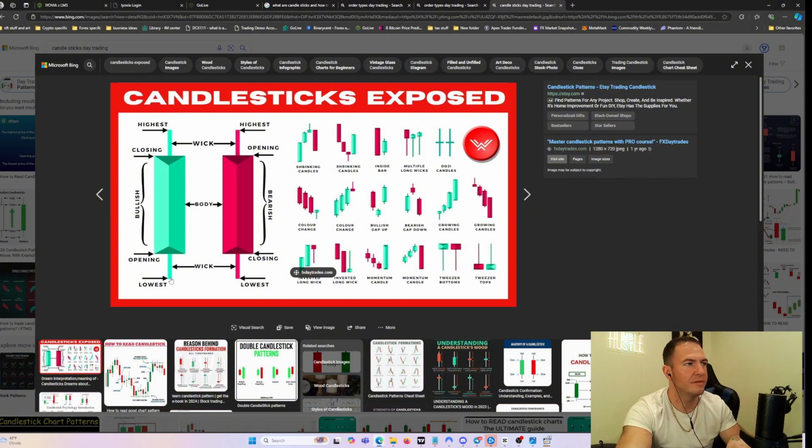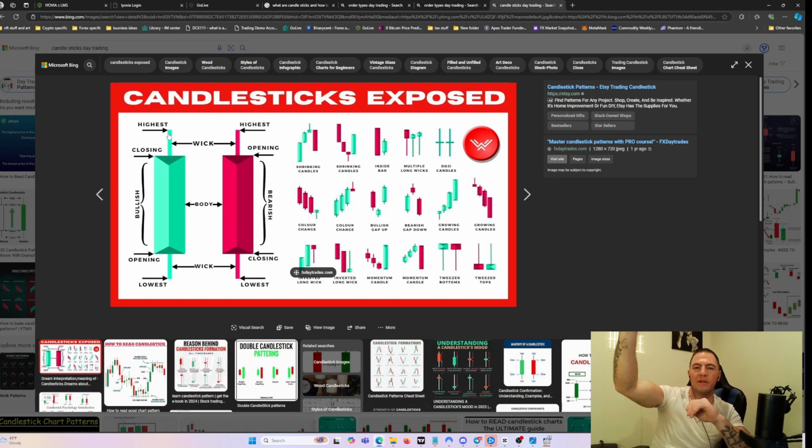And then this is obviously the highest the price got to. So the price on that 1 hour candlestick got all the way up to whatever price at the top of that wick. But then where it closed, this is where it's important.